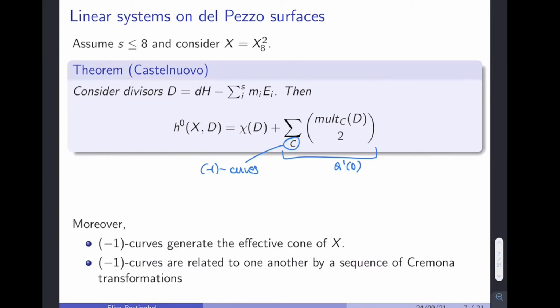For each -1 curve, we need to know the multiplicity of containment in the fixed locus of D. In other terms, how many times does a given -1 curve split off the linear system of D, like we've seen in the previous examples where we had the line or the conic splitting off. So this number can be computed.